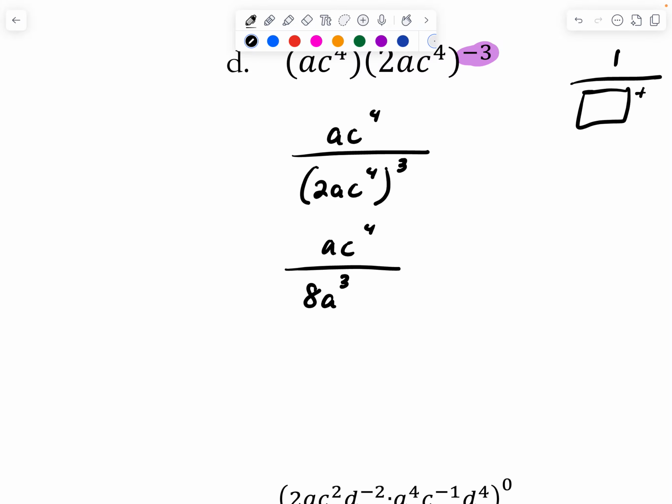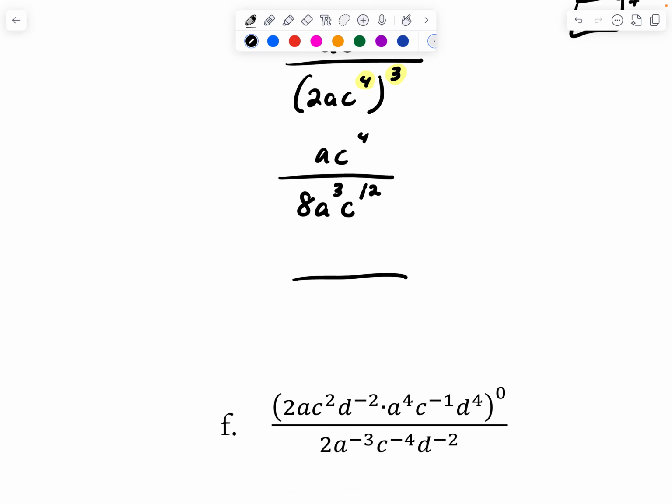A to the 3rd power is a cubed. And remember, a power raised to a power you multiply. That's going to be c to the 12th. So to finish this, I'm going to have 8 in the bottom. This is a to the 1st power. So that's 2 a's left on the bottom. That's 8 c's left on the bottom, so nothing on the top, so I put a 1.